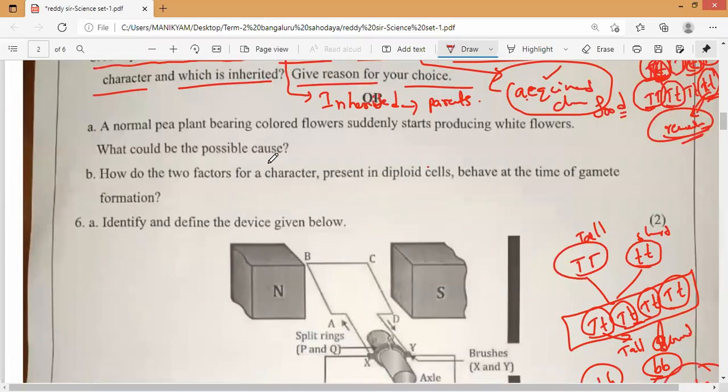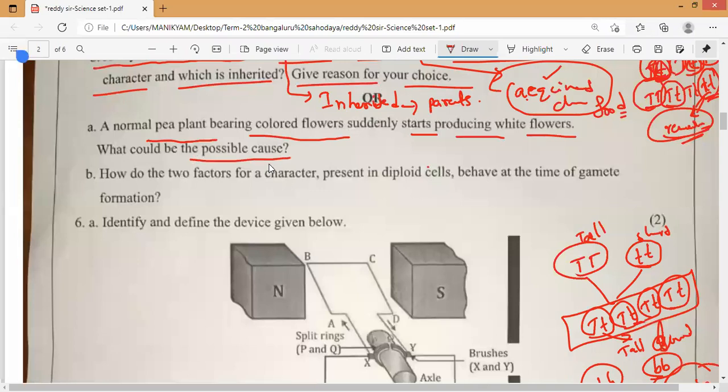Next, a normal pea plant bearing colored flowers. This is very, very important, guys. Let me see who will say. A normal pea plant bearing colored flowers suddenly starts producing white flowers. What could be the possible cause?